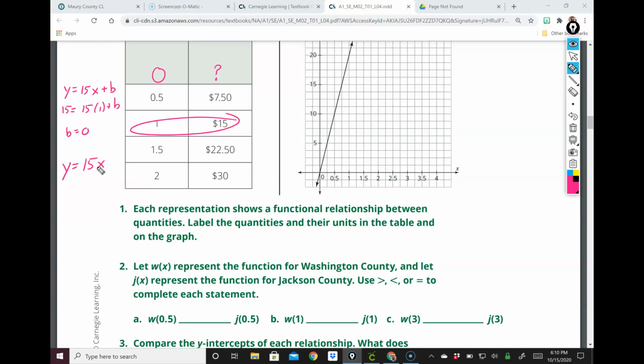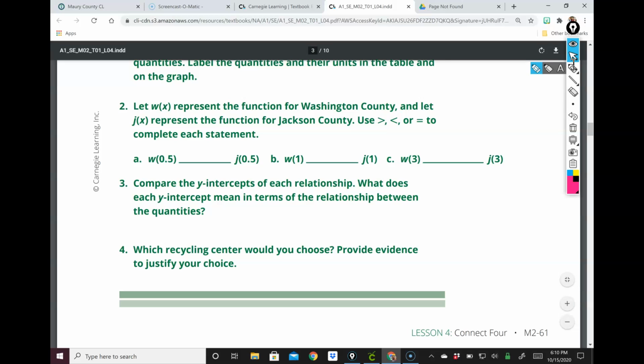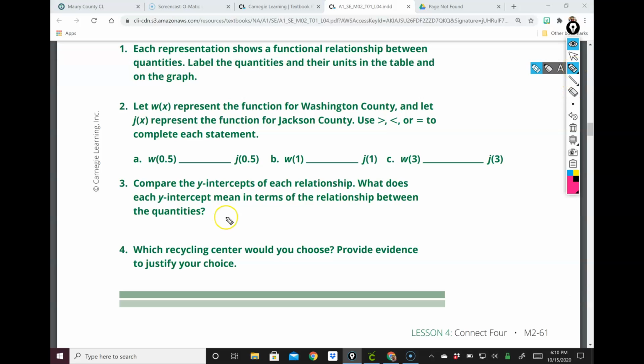So my y-intercept is 0 because if I'm not taking any cardboard, then I'm not going to get a payout. Same thing here, my y-intercept was 0 in both situations. So both y-intercepts are 0, no cardboard to turn in, no money to get in return.